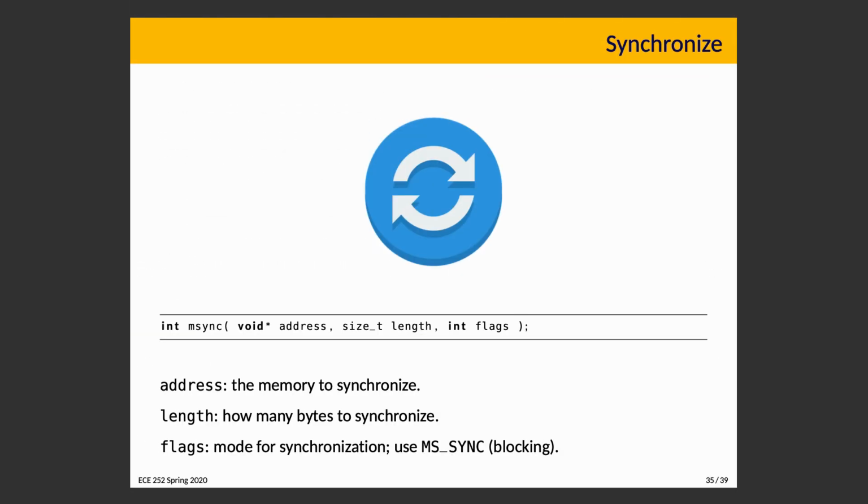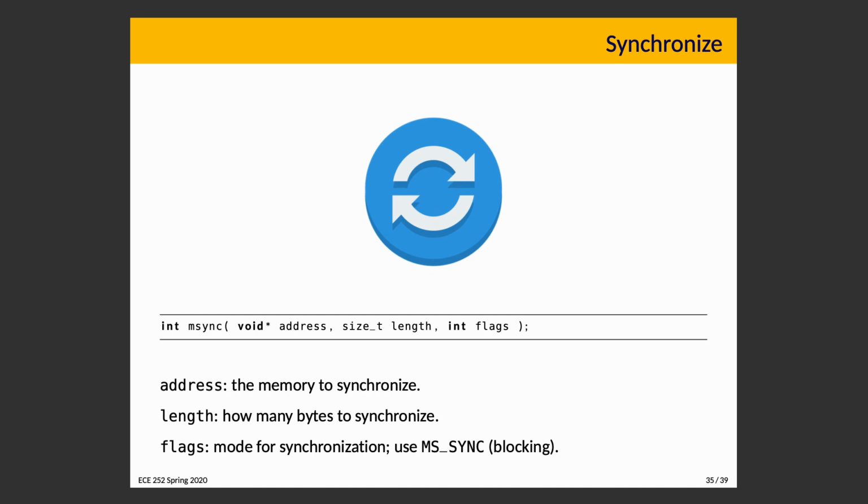And then there is Synchronize, msync, not the 90s music group. Now, this takes 3 arguments: an address, a length, and flags. So address is what memory we want to synchronize, length is how many bytes, and flags are the mode for synchronization. So this is how we would trigger a write to disk. As I mentioned, for performance reasons, a change might not be written to disk right away.